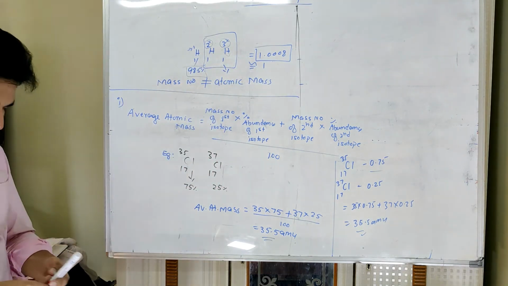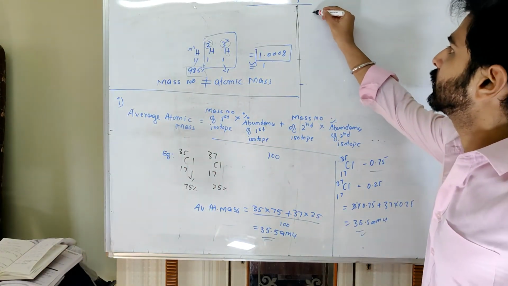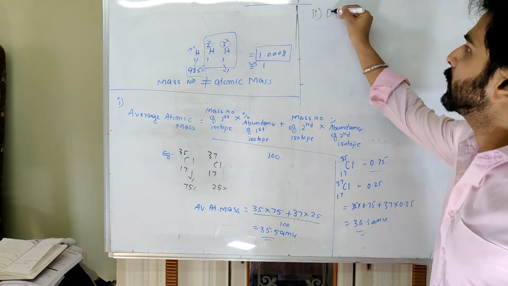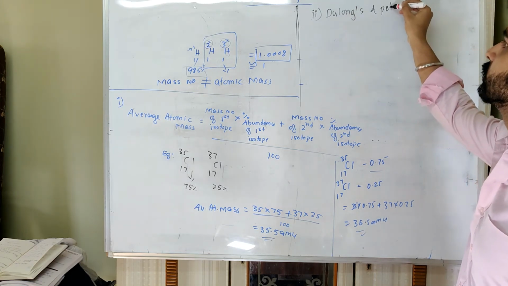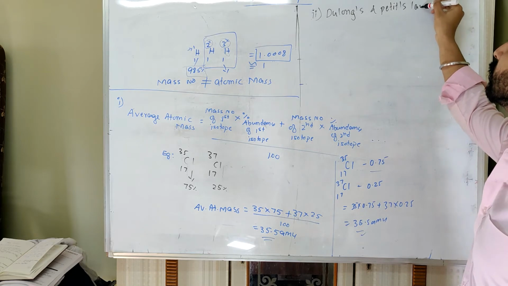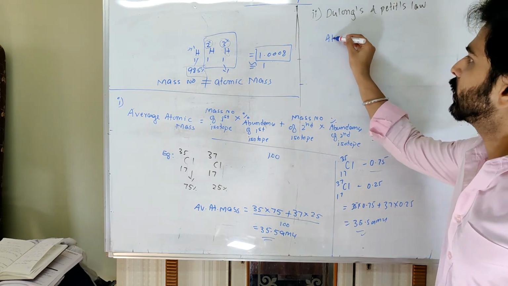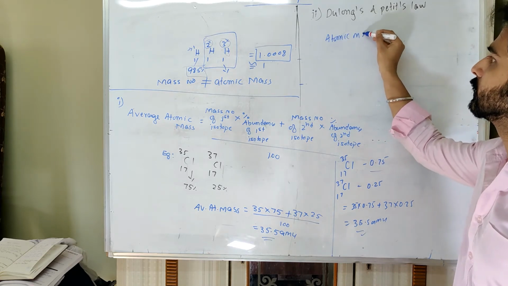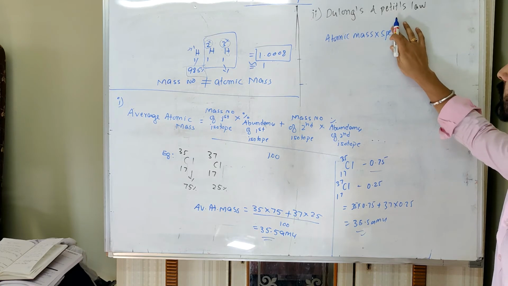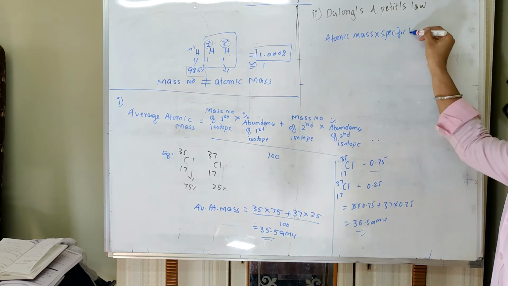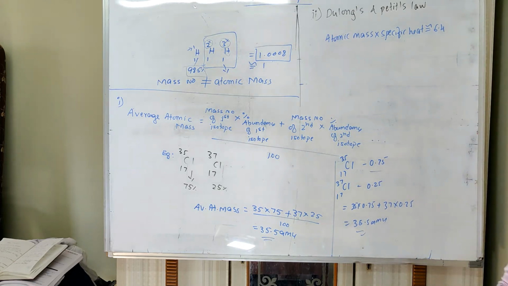There is one more formula to calculate atomic mass, which is obtained from Dulong and Petit's law. Dulong-Petit's law says atomic mass into specific heat has to be equal to 6.4.